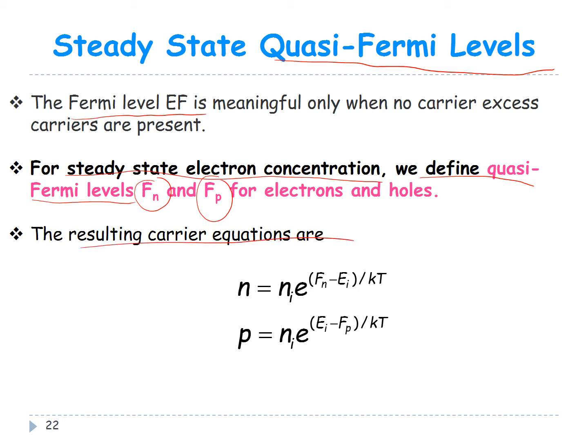You remember, for N, we had Ni, e to the power EF minus EI over KT, and for P it was the same thing: Ni, e to the power EI minus EF over KT. So you simply take these equations and substitute Fn for EF for electrons and Fp for EF for holes.